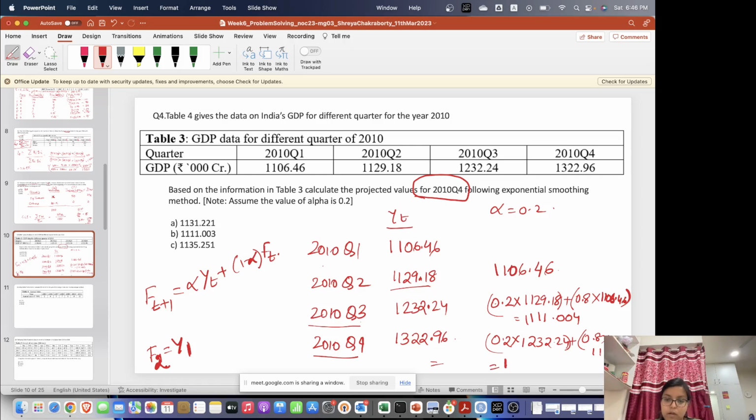So this will be 1135.2512. So the projected value for Q4 is 1135.251.